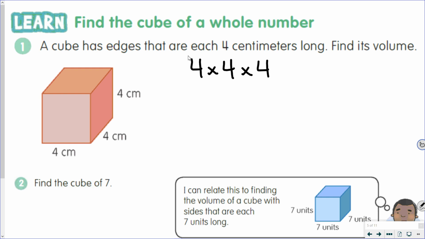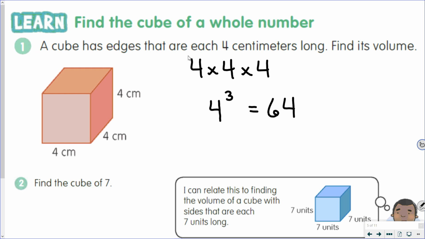They're all congruent. So we could write this in exponential form. Our base is 4, and our exponent would be 3 because there are 3 4s that we're using. And so we would take 4 times 4, which is 16, and then 16 times 4 is 64.